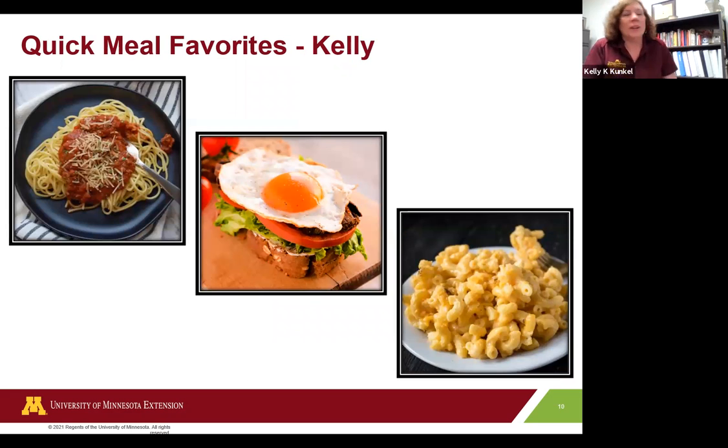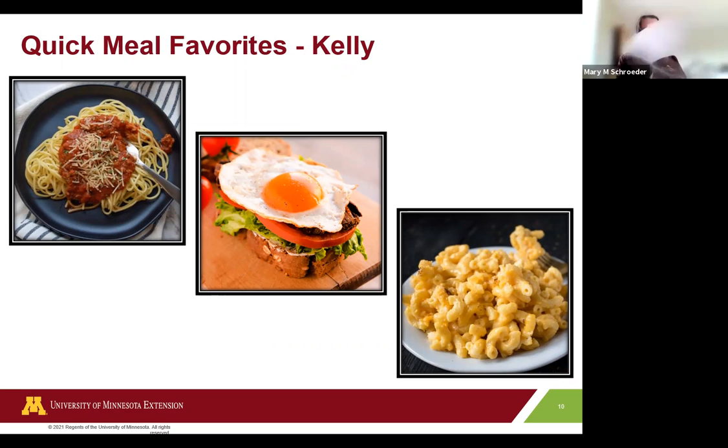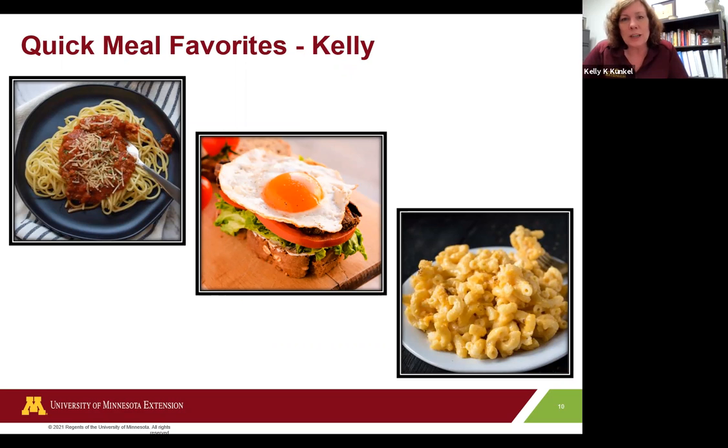Thank you, Mary. So here are some of my quick favorite meal tips. Just so you know, I'm married and I have 3 adult children, and some of these favorites came about when my children were younger, especially the spaghetti. I used to do spaghetti with the whole wheat pasta, and I always used angel hair because it went much more quickly. I would oftentimes have hamburger already pre-cooked, especially if I knew that we were in a hurry.